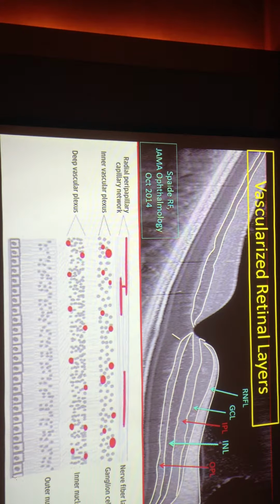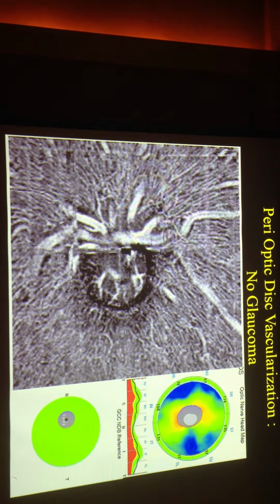You have seen this morning this kind of images proposed by Spade, and the very new thing with OCTA angiography was to show this layer of vessels completely mixed with the nerve fibers. And we have the other superficial plexus, so we think that we have 3 levels of vascular plexus in the retina around the disc.